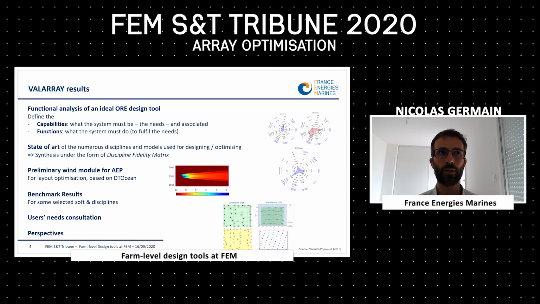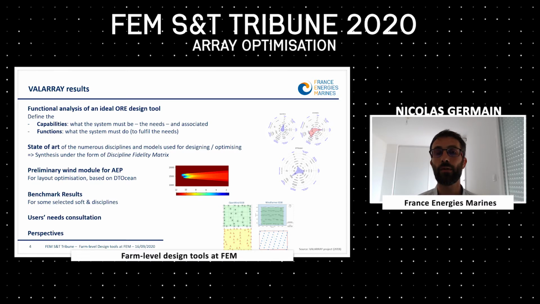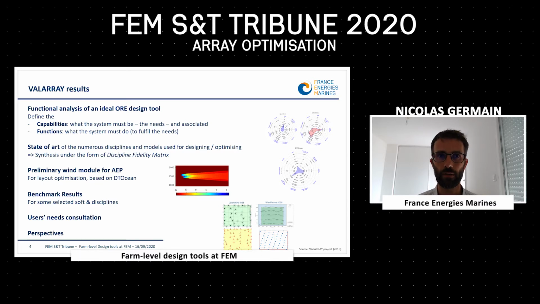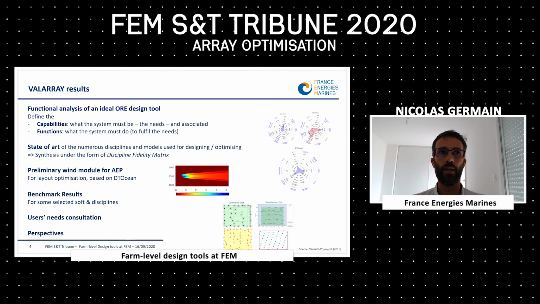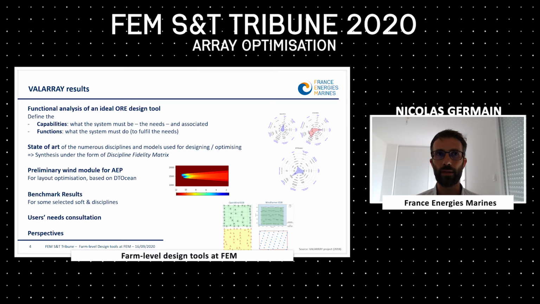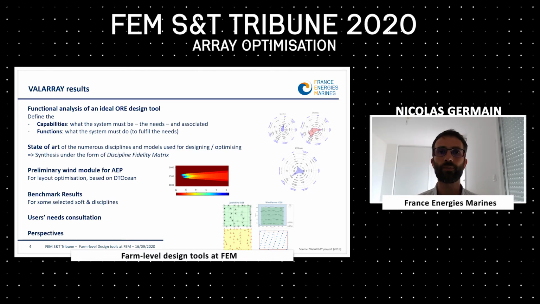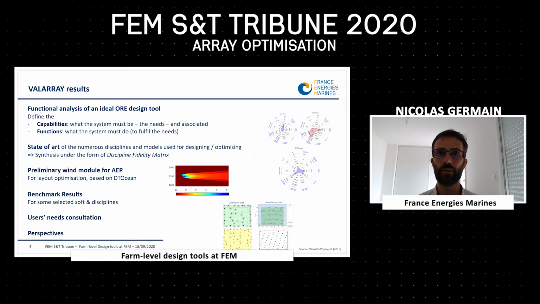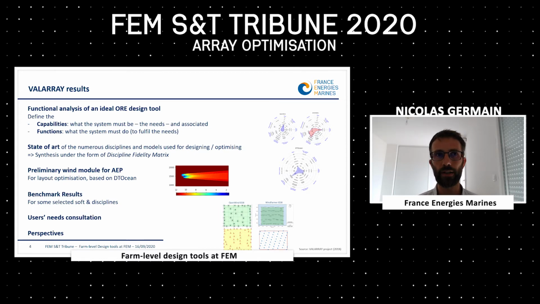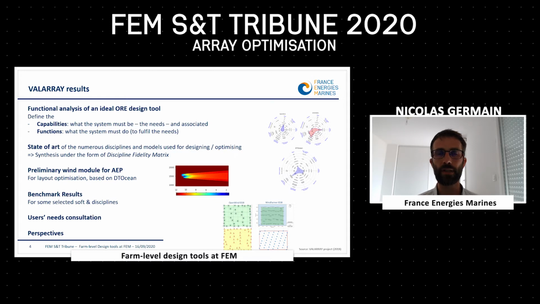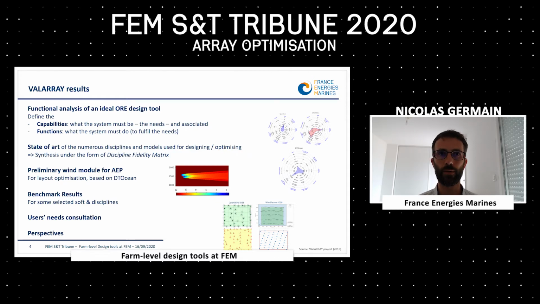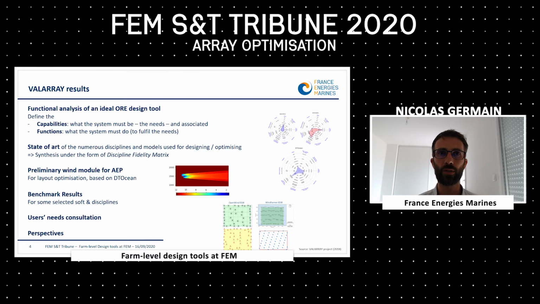We have done an extensive state of the art of existing optimization models, software and codes, and also about the numerous disciplines that can be designed and optimized, trying to identify for each discipline the various fidelity levels existing. It's exemplified on the top right of the picture, where we can see three radar graphs.